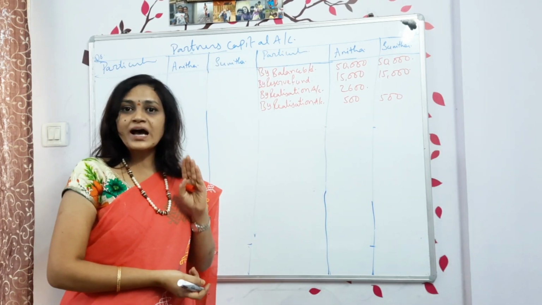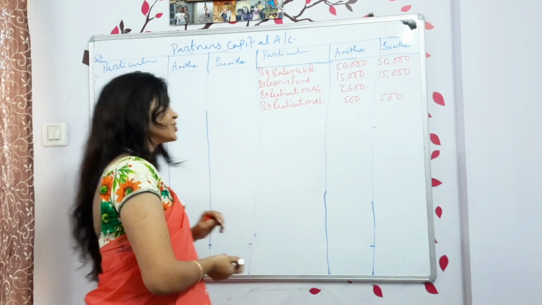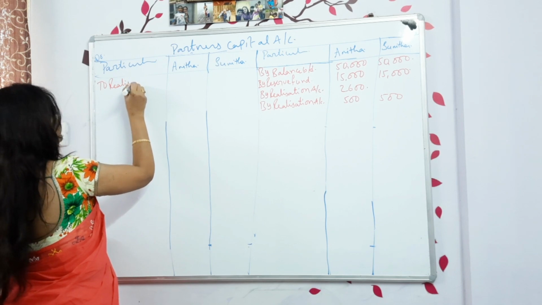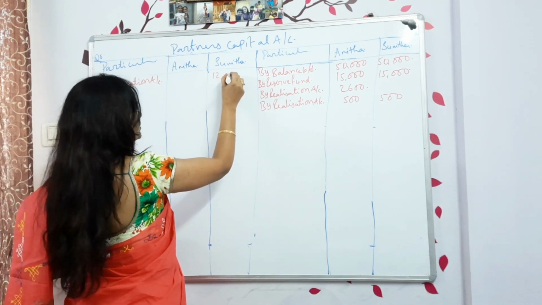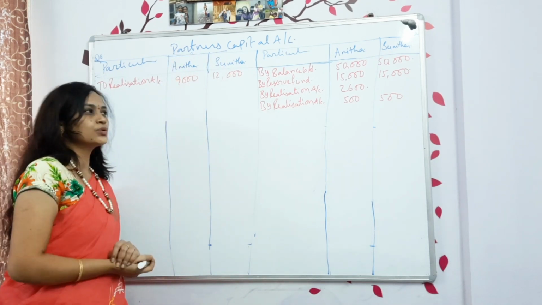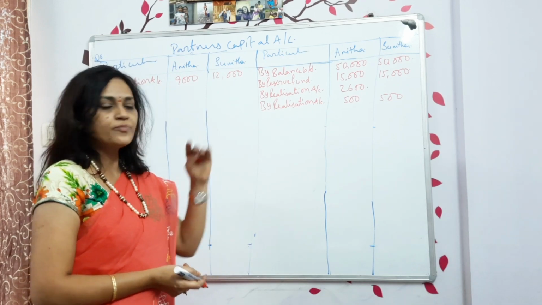Some of the assets were taken over by both the partners, right? So write down to realization account: furniture, Sunita has taken 12,000. Investments, Anita has taken 9,000. Hope all of them are completed, right?